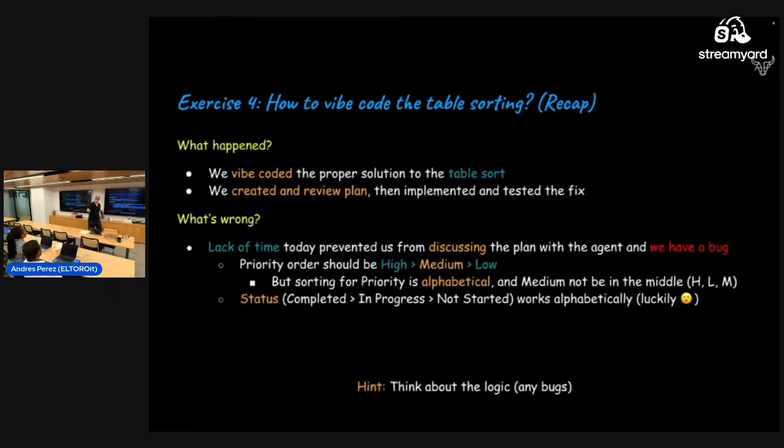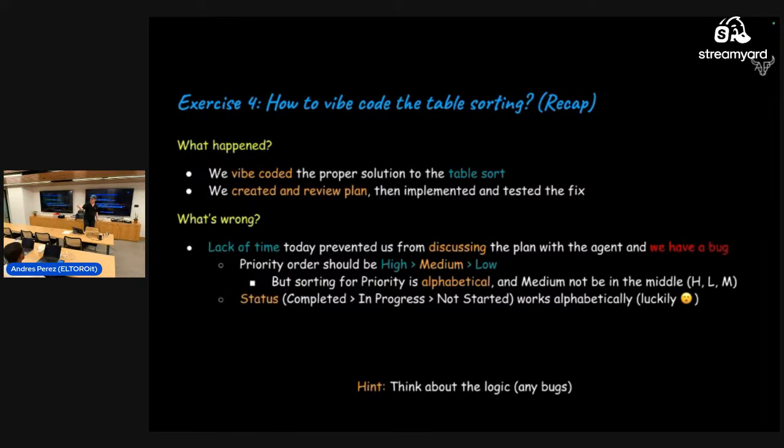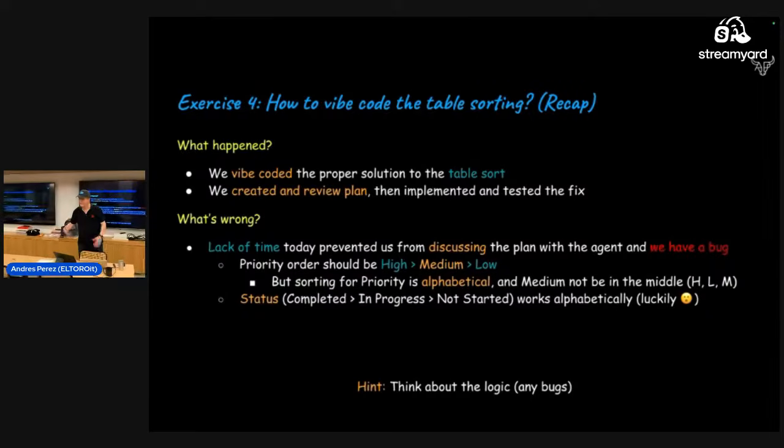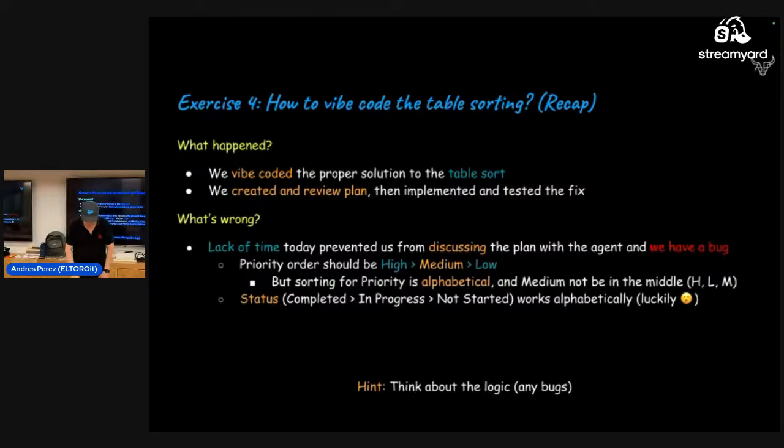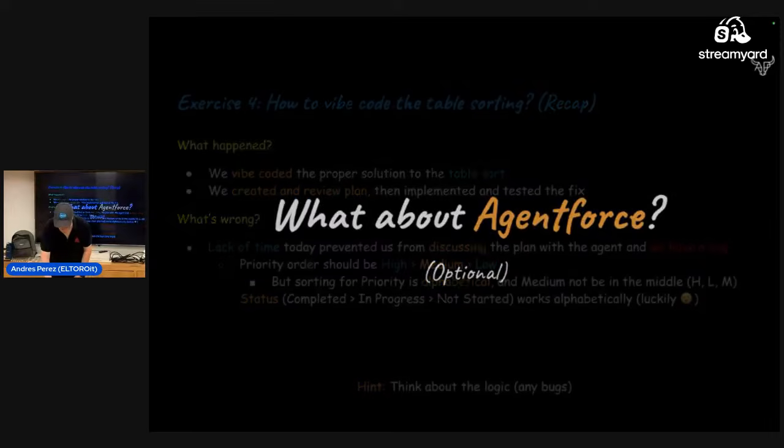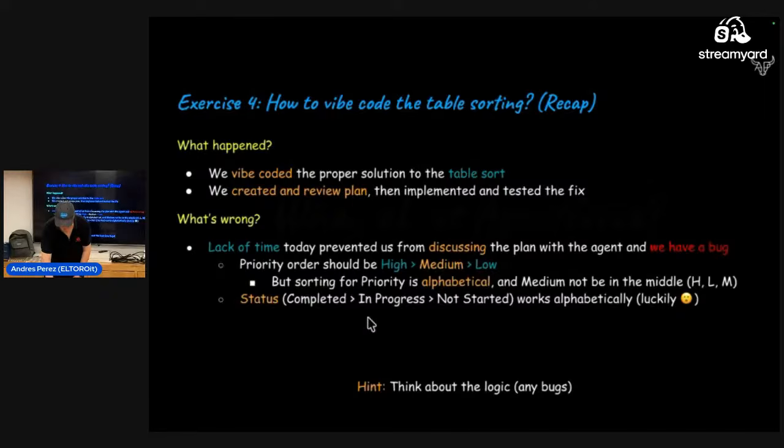So we didn't argue with the AI, saying, no, that plan that you're writing doesn't really work, because of this and that. That's the other part that I wanted to show you. Status works, fortunately, because completed, in progress, and so on are alphabetically sorted, but high, medium, low is not.